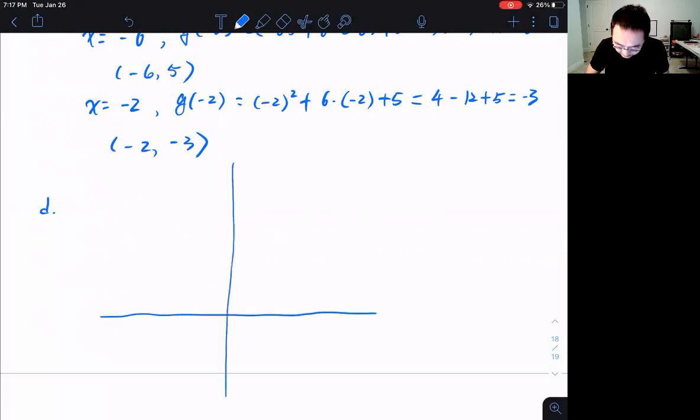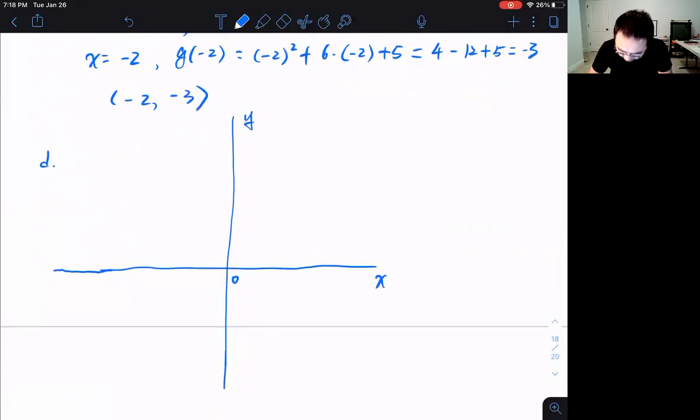So x, y, 0, and we know the vertex for this is negative 3 and negative 4, so we want negative 1, negative 2, negative 3 here, and negative 1, negative 2, negative 3, negative 4 here.